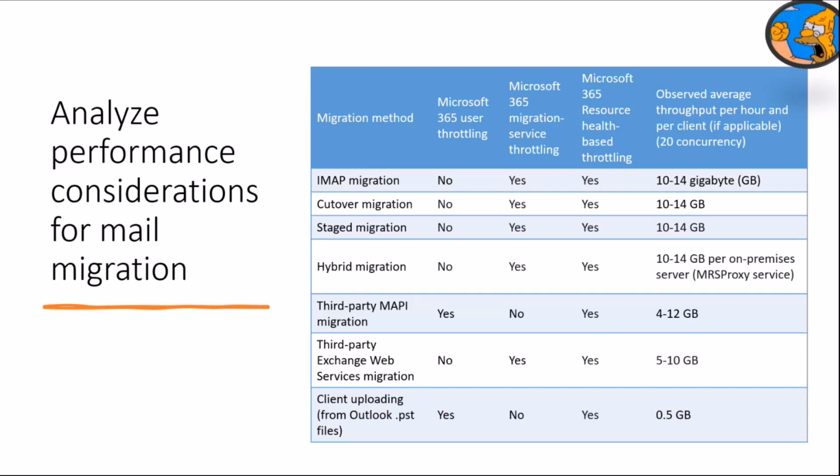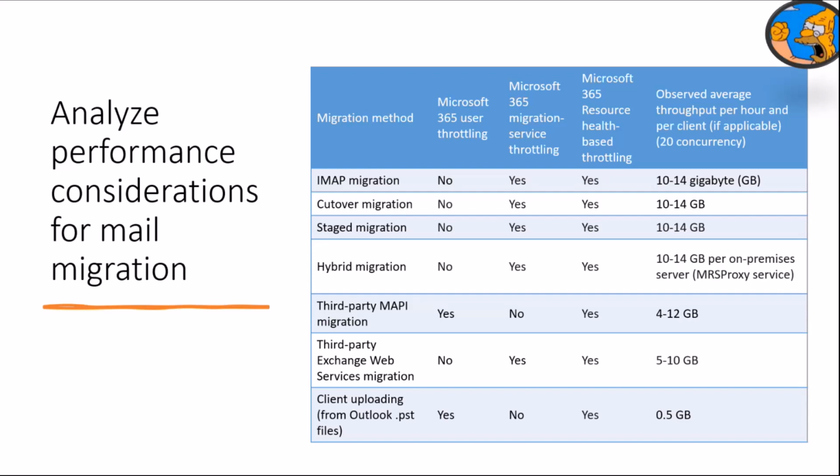It also depends on the chunk of data we try to move. The calculation of the approximate gigabytes that can be sent is based on 20 user mailboxes in this case, migrated through the MRS proxy service from on-premises to the cloud side.